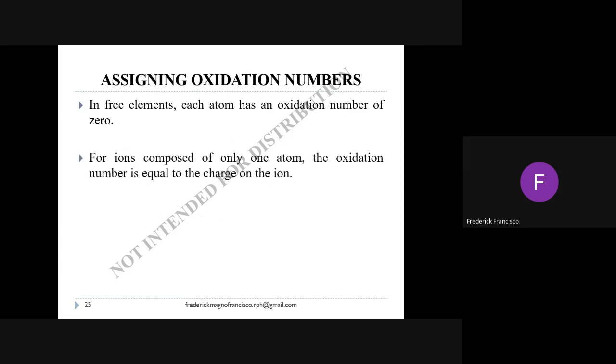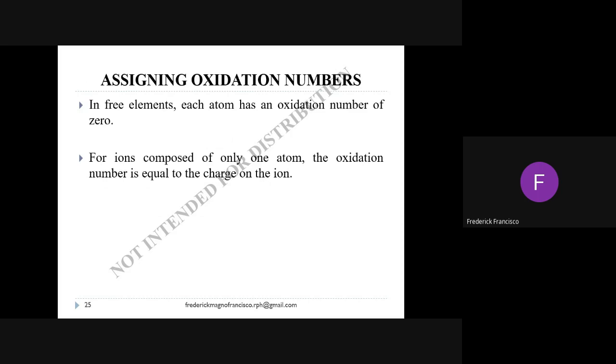For ions composed of only one atom, that is, monoatomic ions, the oxidation number is equal to the charge on the ion. Thus, lithium ion has an oxidation number of +1, barium ion +2, ferric ion +3, iodide ion -1, oxide ion -2, and so on.